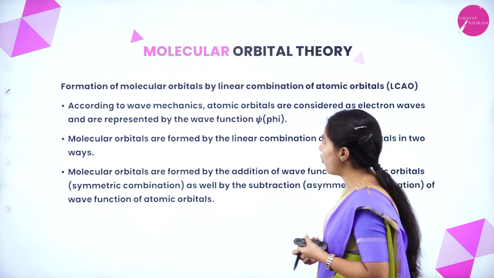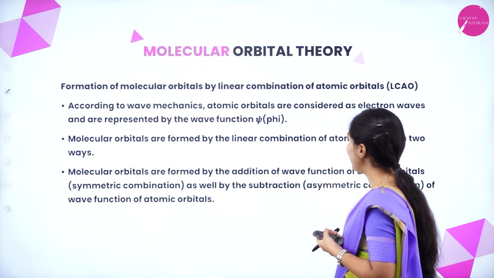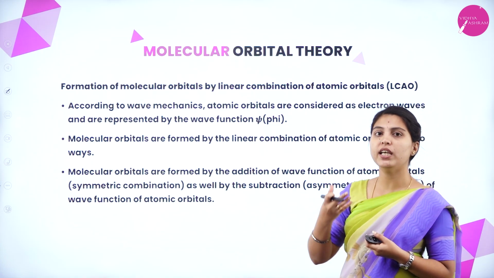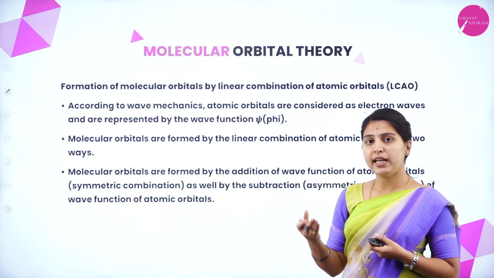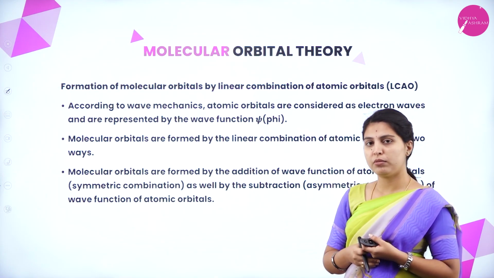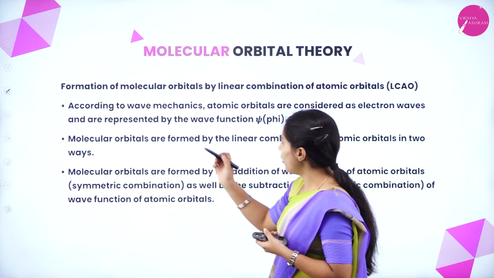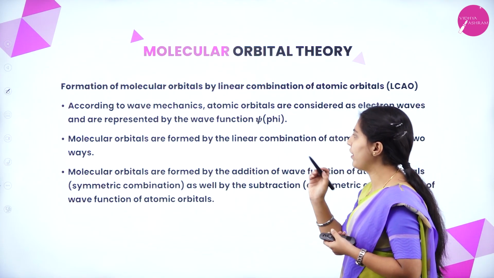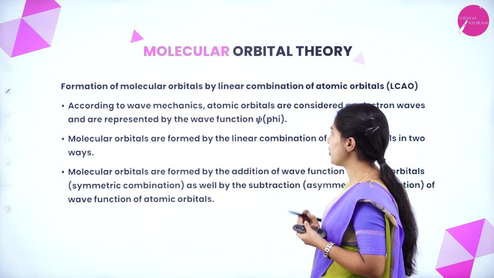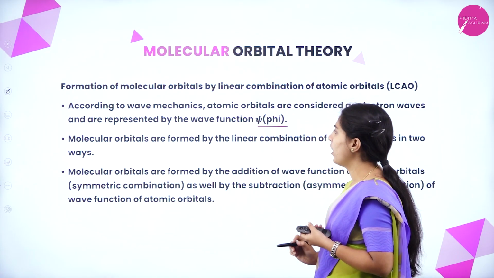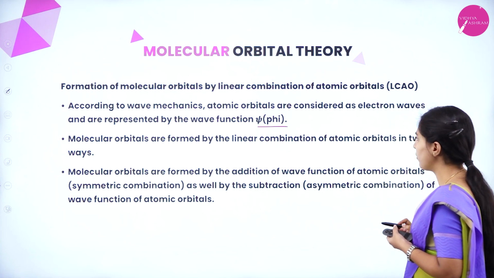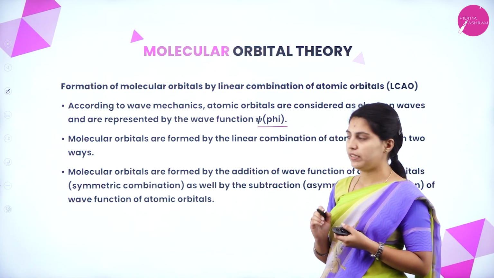Next one, the formation of molecular orbitals by linear combination of atomic orbitals. I have told already how the bonding molecular orbital and anti-bonding molecular orbital will form. According to wave mechanics, electrons in atomic orbitals are considered as waves represented by a wave function, that is phi. Molecular orbitals are formed by the linear combination of atomic orbitals in two ways.